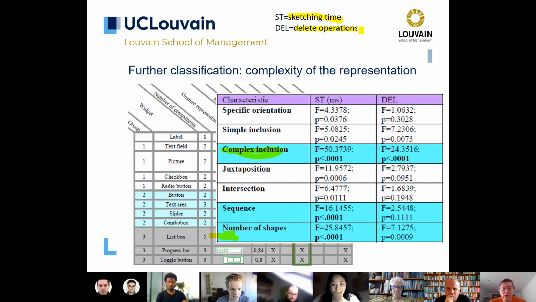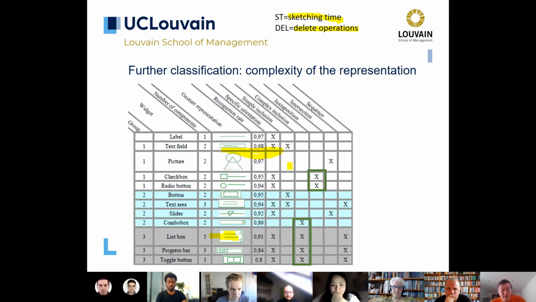For instance, if I'm going back here, if I'm trying to draw this widget, which consists of a rectangle with 2 lines inside, and then 2 triangles, if I make some mistakes because the triangles are not located properly, then the gesture will not be recognized.